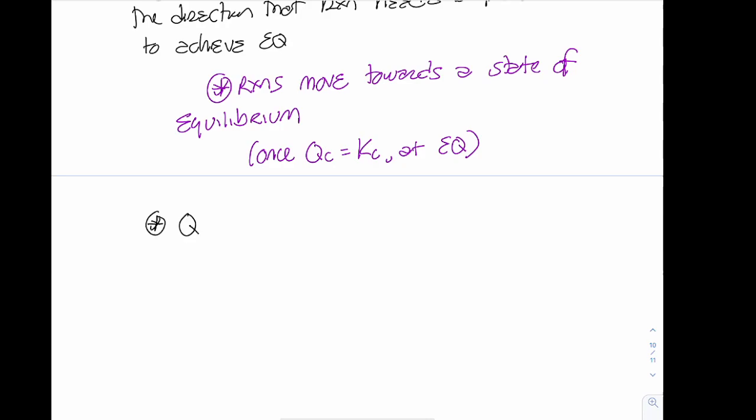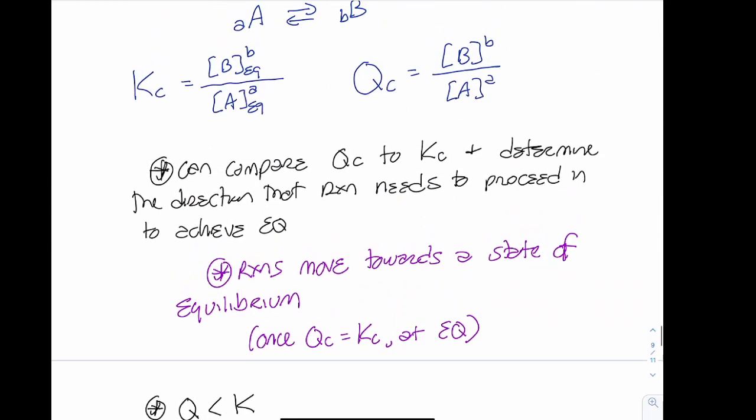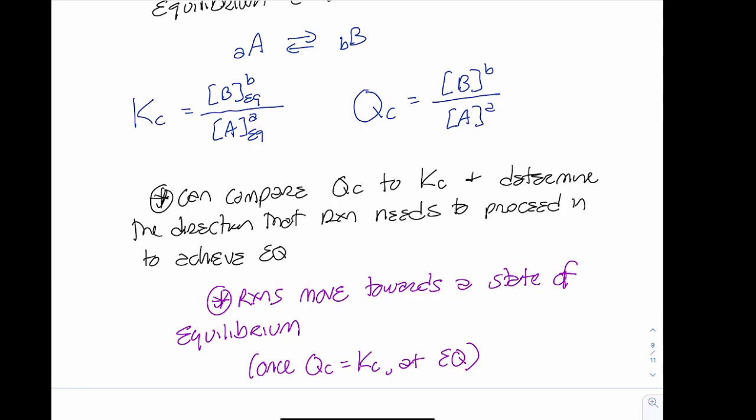if Q or QC is greater than K or KC, they could be P's. So if Q is, sorry, I think I might have said bigger. If Q is smaller, I used the less than sign there. If Q is smaller, I'm going to go back up and look at these again. Remember, it's products over reactants. And I'm saying that this one is too small. I need to make it bigger.